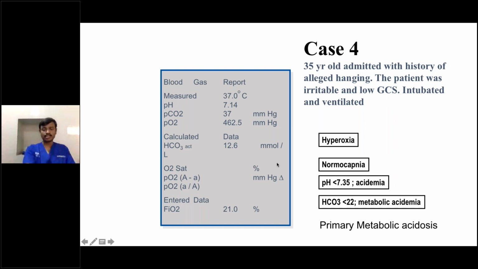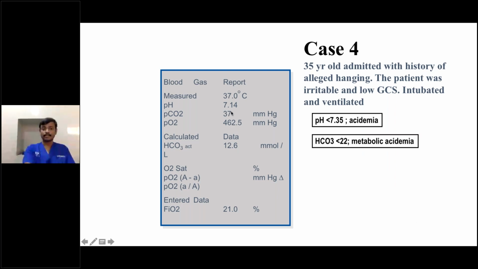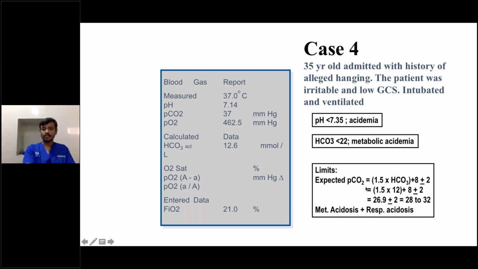But what we should know is the compensation from respiratory. If bicarbonate is 12, what should be the expected PCO2? This is the actual PCO2. Expected PCO2 can be calculated from Winter's formula: 1.5 times the bicarbonate plus 8. So 1.5 times 12 is 18, plus 8 becomes 26, plus or minus 2, so 24 to 28. So the expected PCO2 should be in that range.